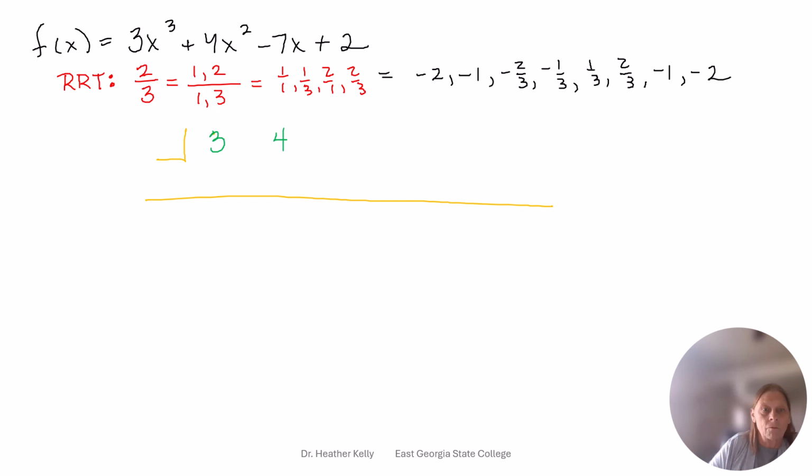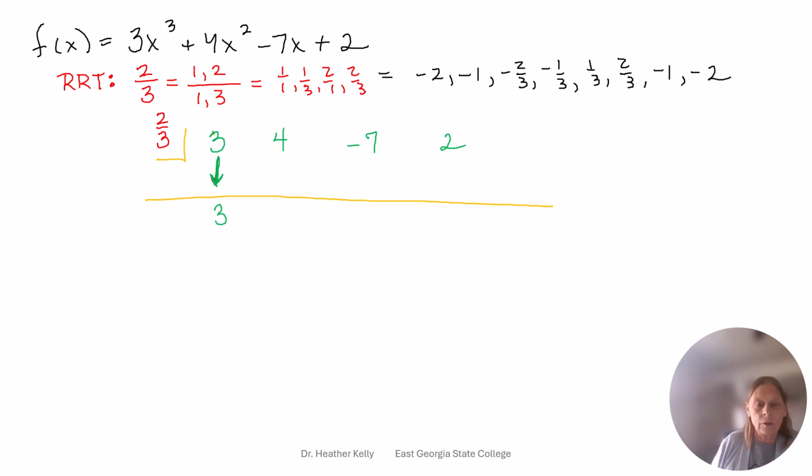3, 4, -7, and 2. And let's see here, because I've already worked the problem, I'm going to jump right to that answer here, and 2/3 is the number that's going to be the winning ticket.